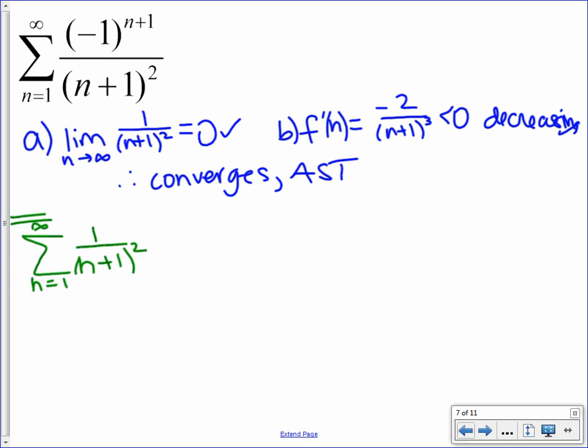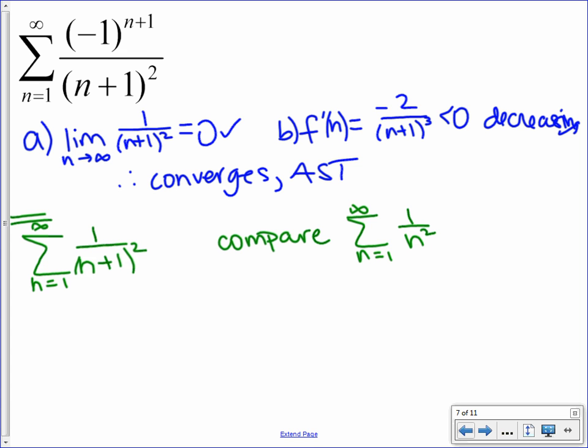The direct comparison test. The direct comparison test? Okay, so what are we going to compare it to? 1 over n squared. Let's do a limit comparison to 1 over n squared. Okay, we could actually do either one.